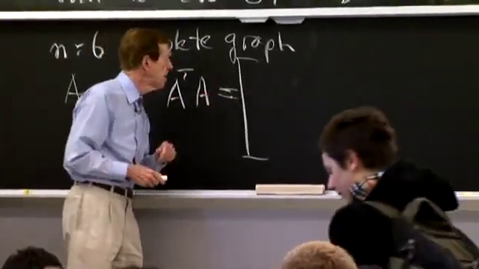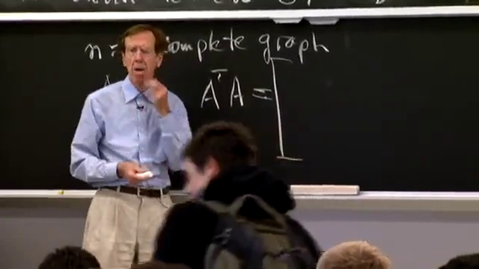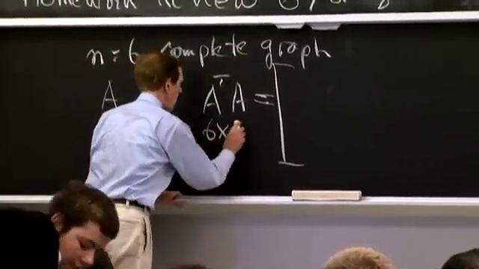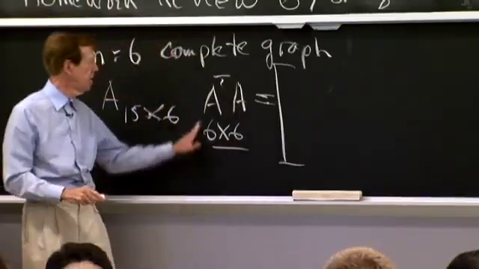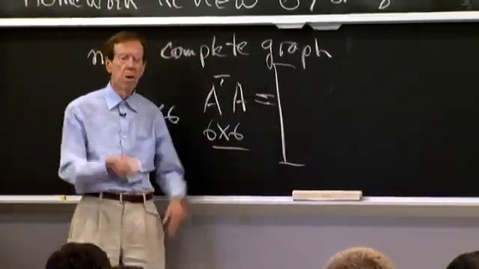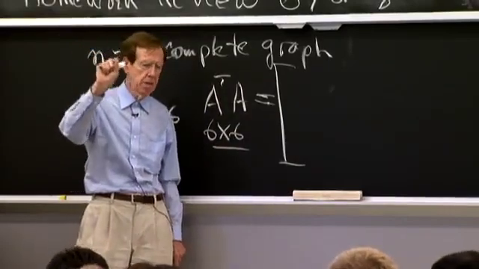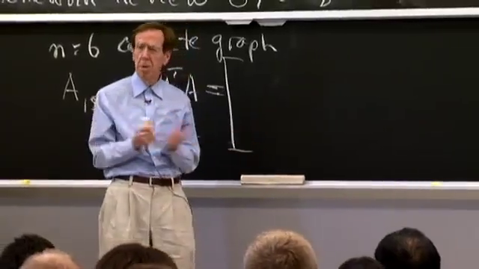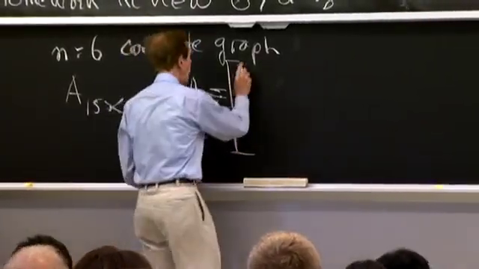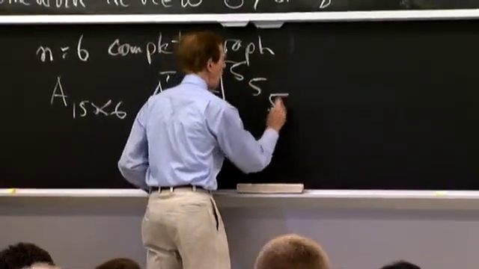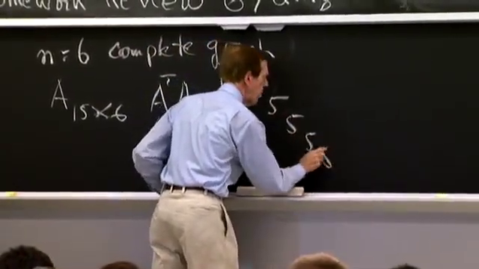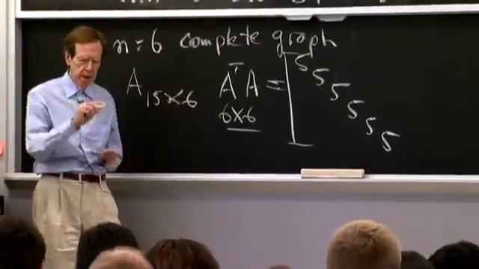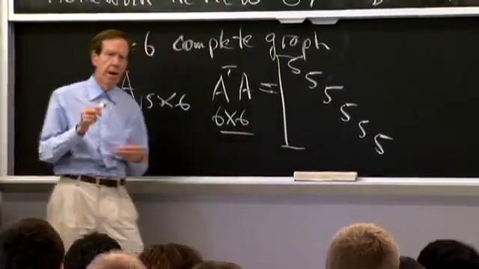But for 6 by 6, what will go on the diagonal is the degree of every node. That means how many edges are coming in, and that number is 5. So I'll have 5 down the diagonal. And what will be off the diagonal? A minus one above and below for every edge.